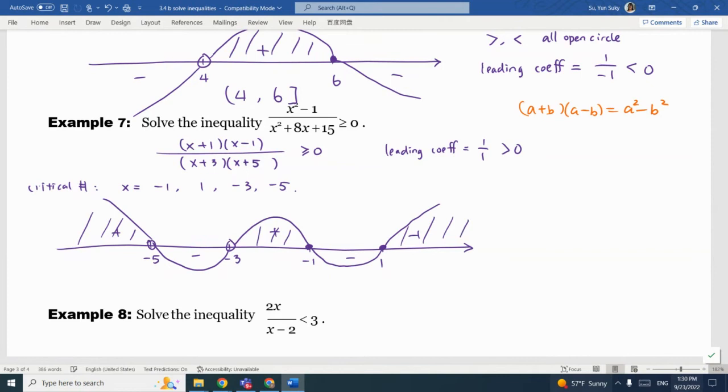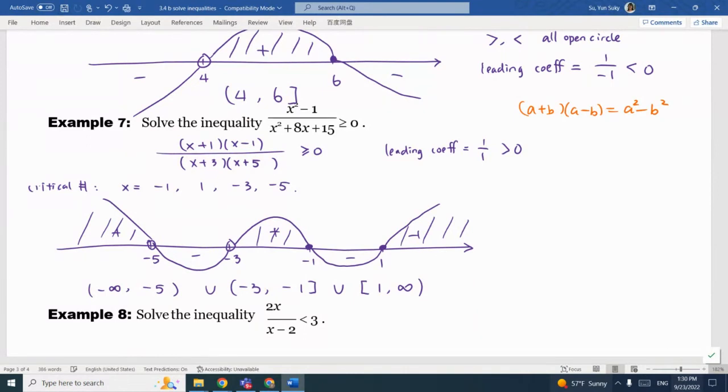So can you tell me what the numbers are? Parentheses or brackets? Parentheses, yes. And then union. And then -1, brackets, union, brackets, 1 to infinity. Right, everybody?